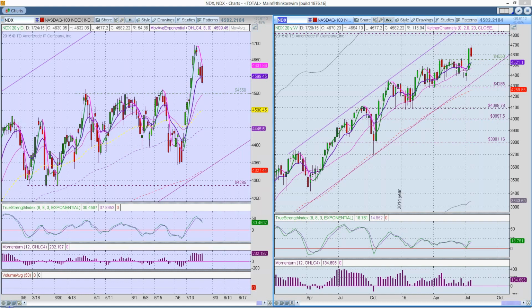Officially, unemployment's around 5.2, 5.3. Okay, even lower than I thought.